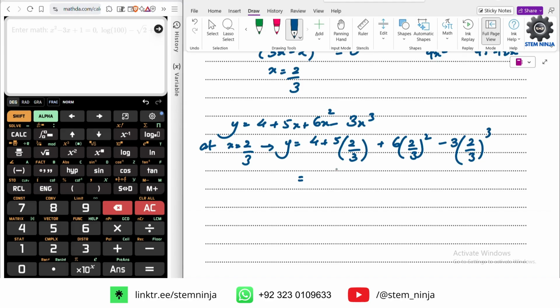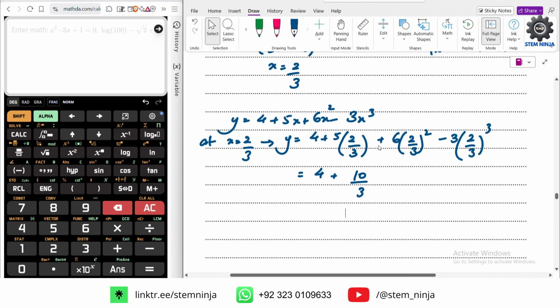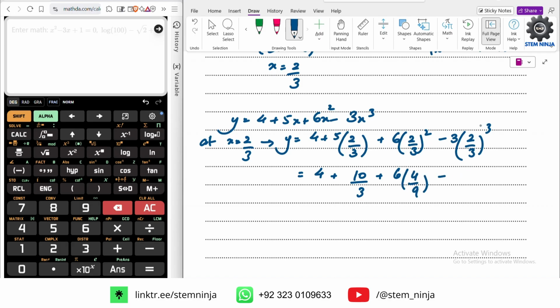So let's simplify this a bit. 4 plus 10 over 3 plus 6 times 4 over 9 and minus 8 over 9.